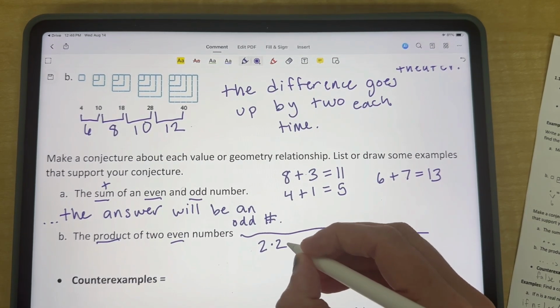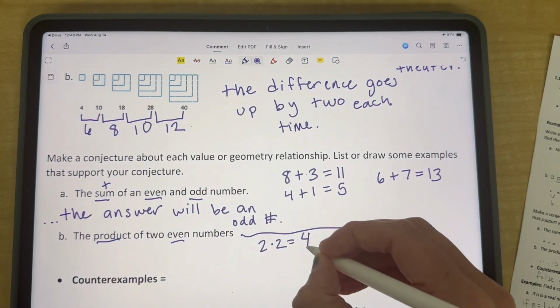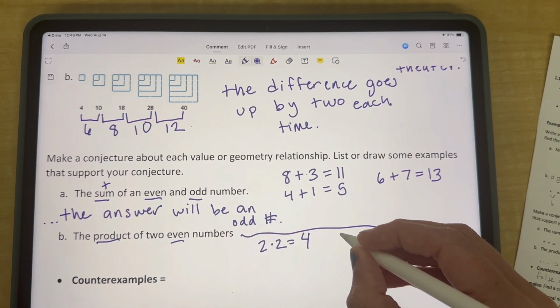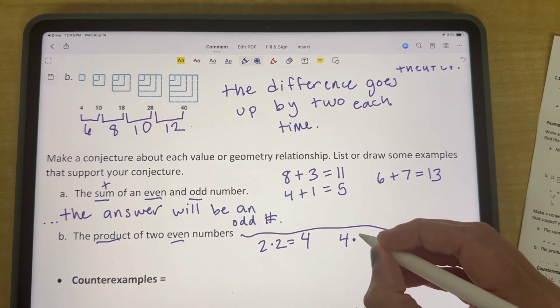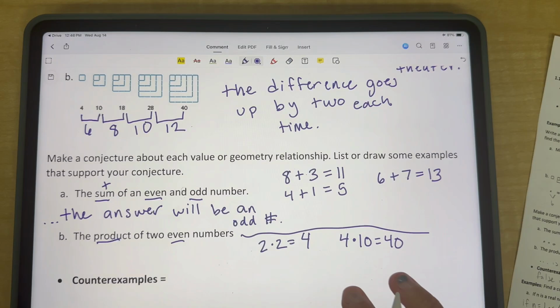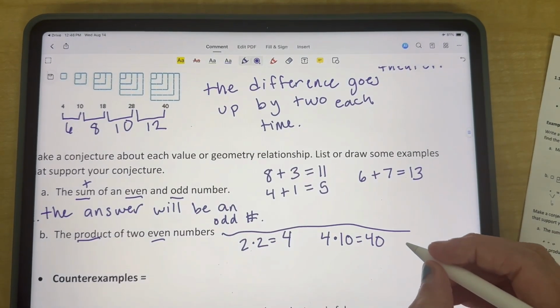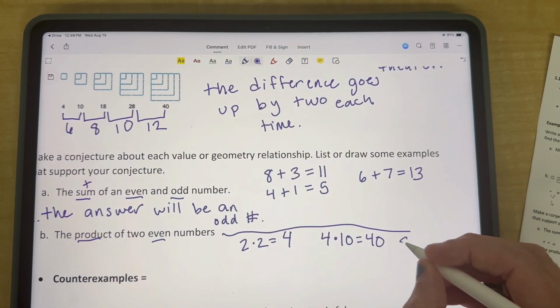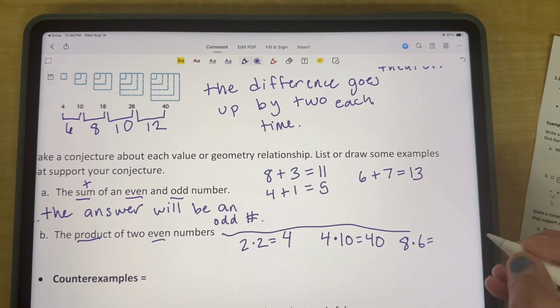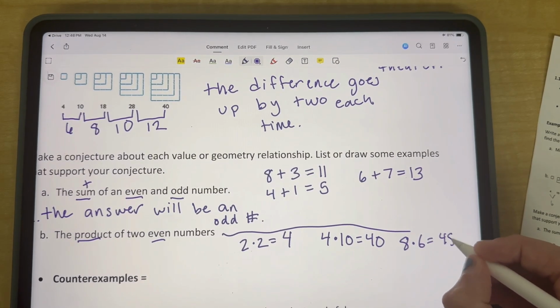2 times 2. What's 2 times 2? 4. Okay, let's do at least 3 examples. What is 4 times 10? Those are 2 even numbers. That's 40. Okay, what about 8 and, I don't know, 6. 8 times 6 is 48.